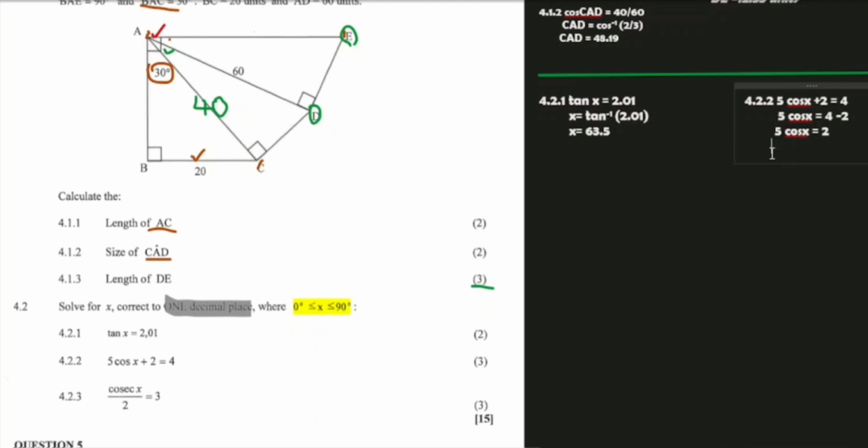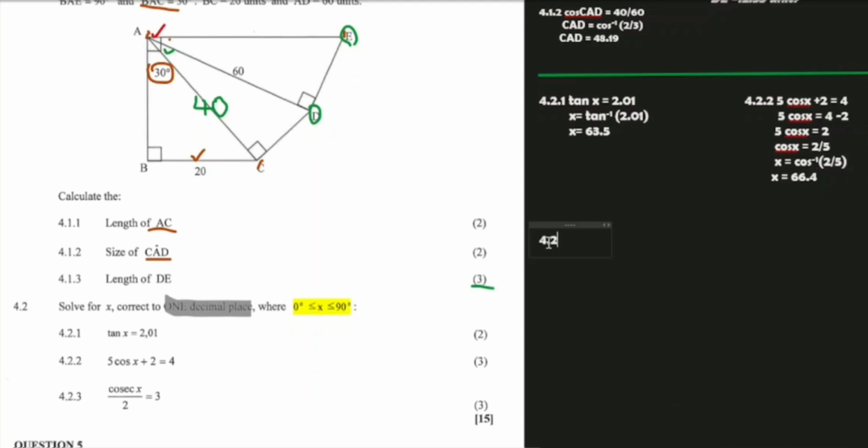Divide both sides by 5. You're going to be left with cos x equals 2 over 5. And then to get to your final answer, you say x is equal to cos inverse, and then open bracket, 2 over 5. If you type that into your calculator, what is your answer? 66.4, correct to 1 decimal place.